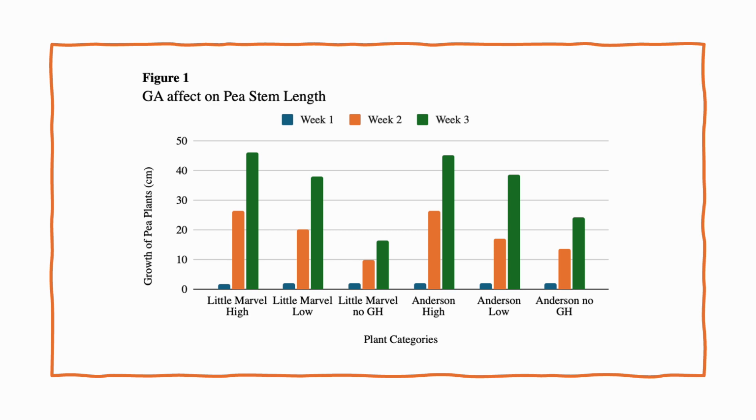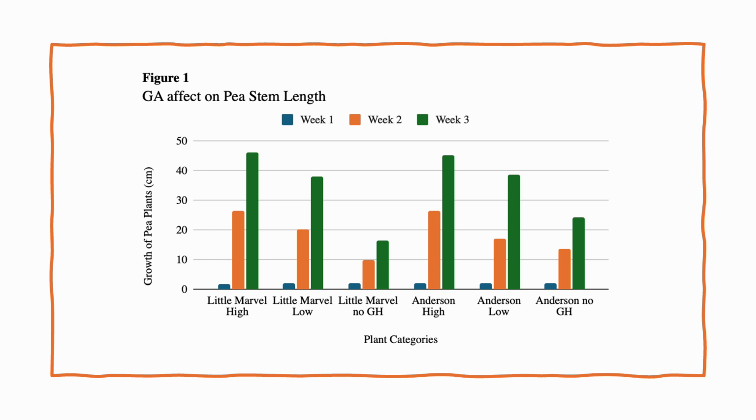By week 3, as you can see, the little marvel plants treated with a high concentration of gibberellic acid showed a stem length of 46.0 centimeters, which was significantly higher than the control group average of 16.4 centimeters for untreated little marvel and 42.1 centimeters for untreated Anderson plants.